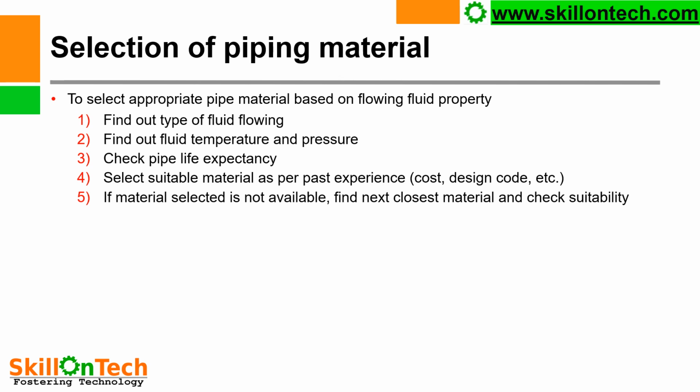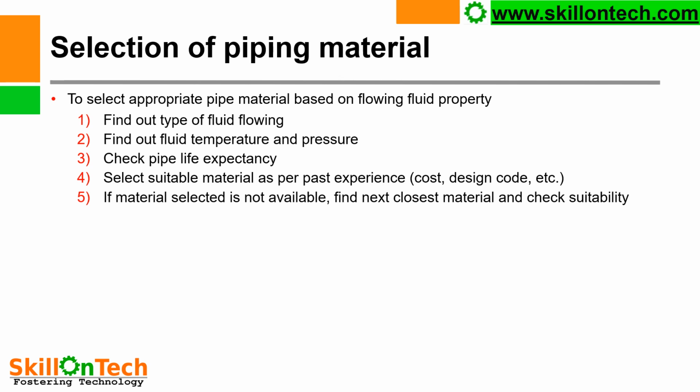Selection of piping material. Selection of piping material is very important and a key point to enhance the healthiness of your piping project. To select appropriate pipe material based on flowing fluid properties: find out the type of fluid flowing, find out fluid temperature and pressure, check pipe life expectancy, and select a suitable material as per past experience, cost, design, code, etc. Past experience is also very important.